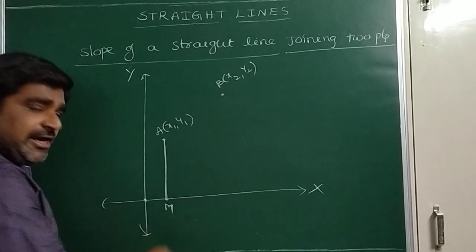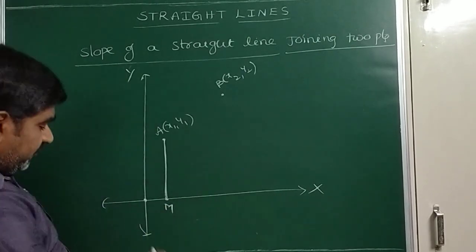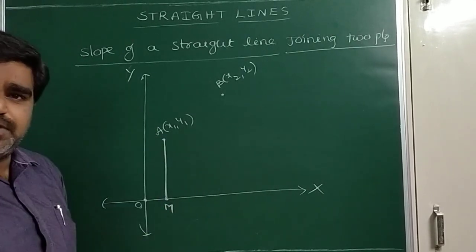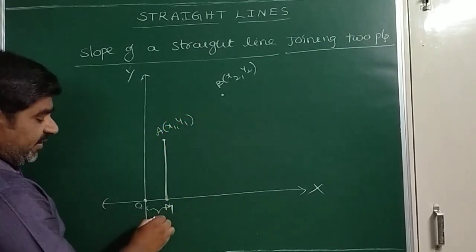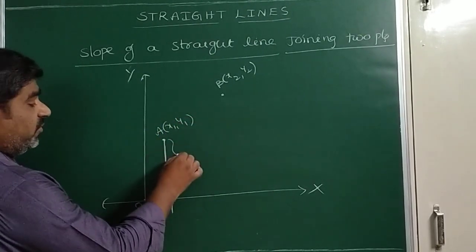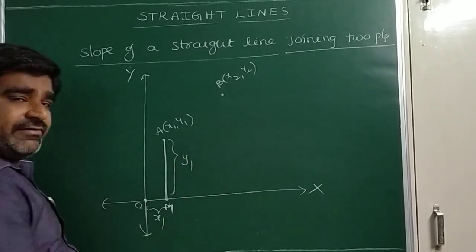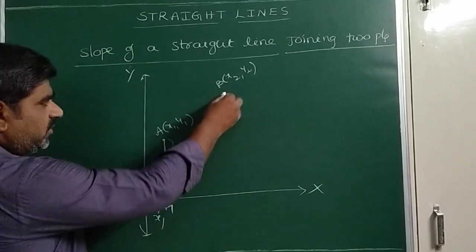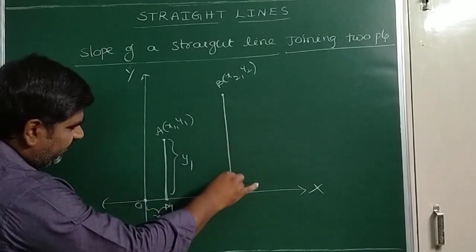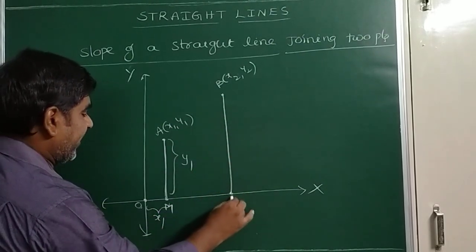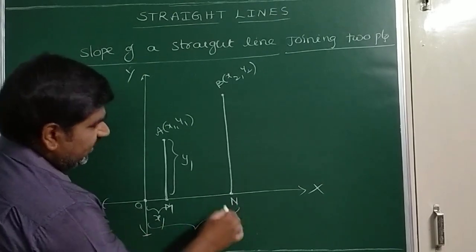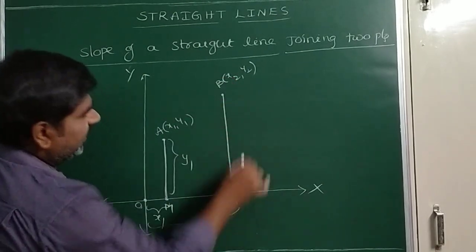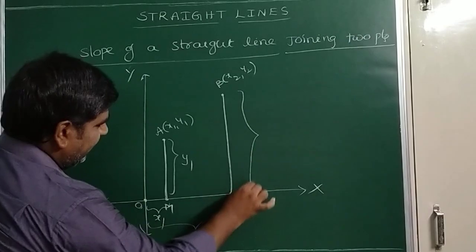Let us say this is M. Now, can you please tell me about OM? As this point is (x1, y1), OM is x1, and of course AM is y1. Again, draw a perpendicular from B to the x-axis, and let us say this is N. ON is nothing but x2, and BN is nothing but y2.